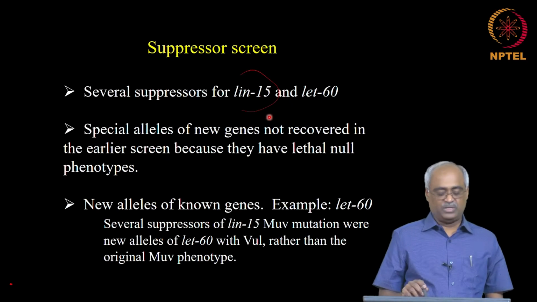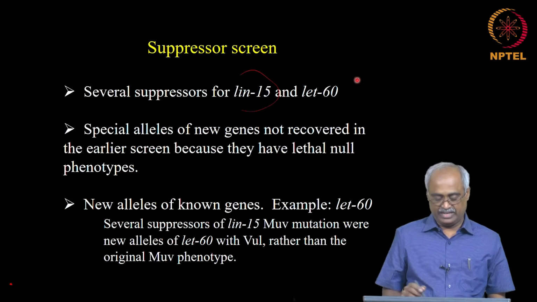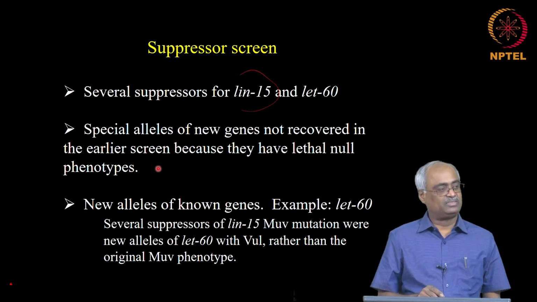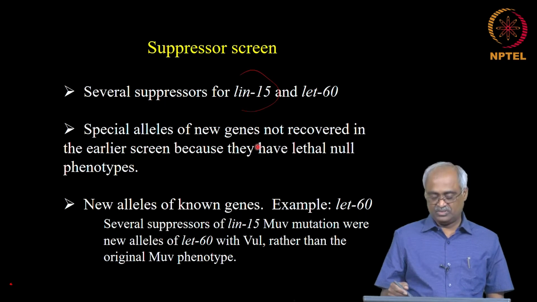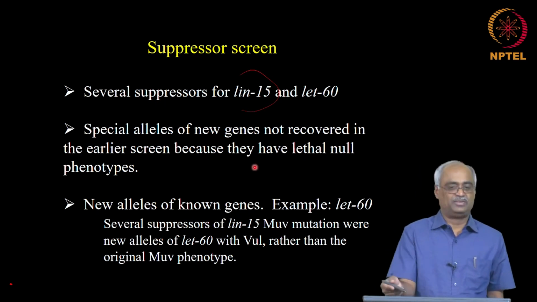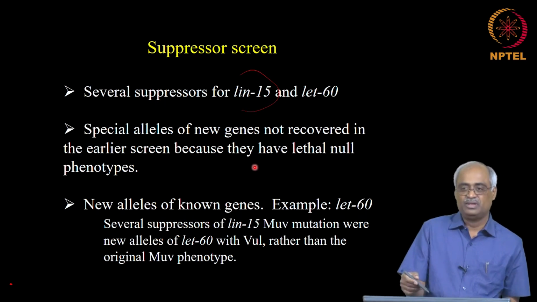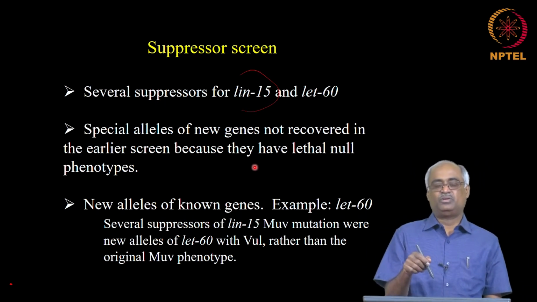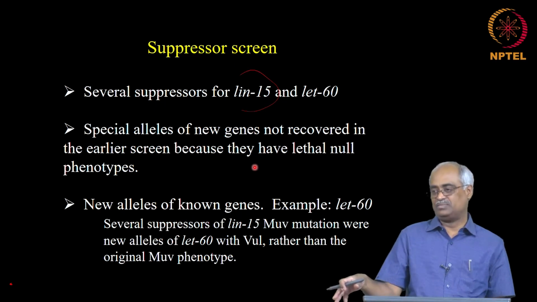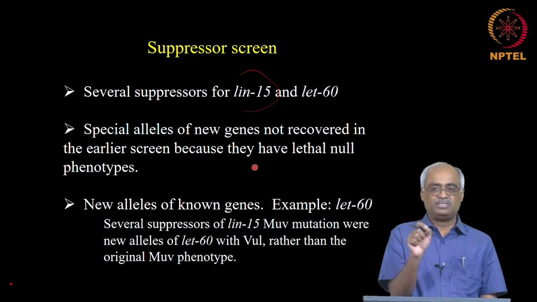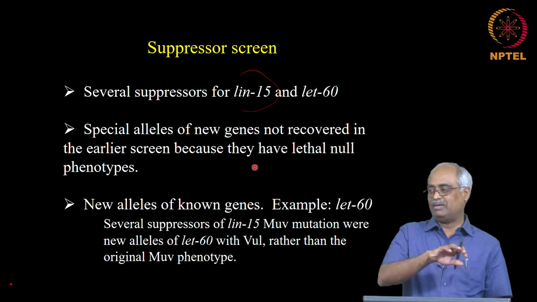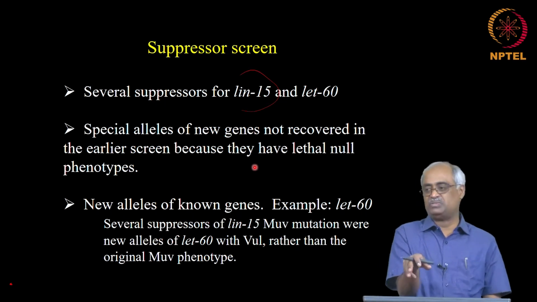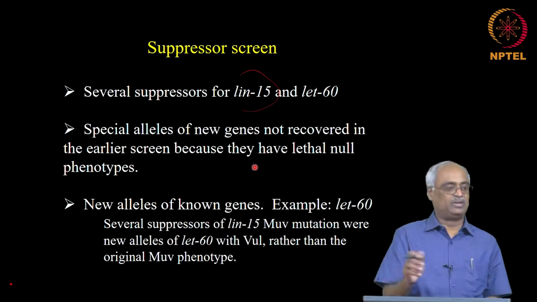So there were several suppressors of these two multivulva things, LET60 was gain of function multivulva. So, special alleles of new genes not recovered in earlier screens because they were lethal or null phenotype, now you recover. Okay. People in our lab know this, because this is the only kind of screen we have done, and we found a lot of alleles where if you cause a total loss of function they would be lethal, and a specific partial loss of function would have allowed its function during the early development, and then in a specific situation you find a defect, particularly in the background of another mutation.